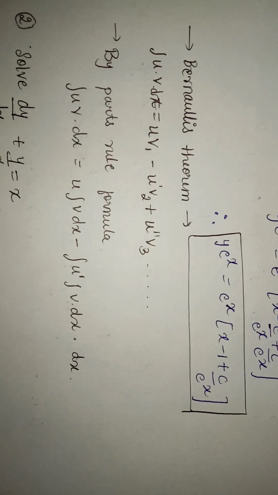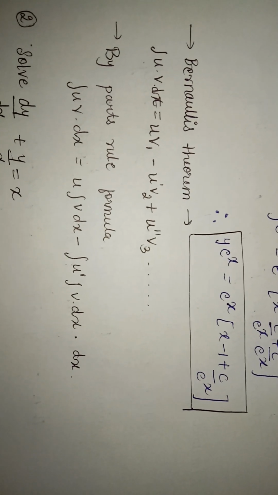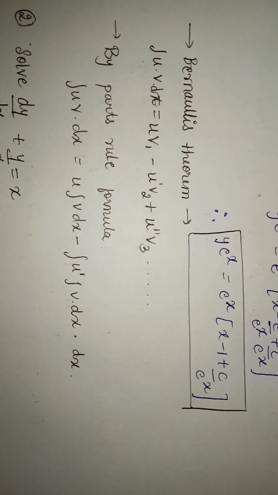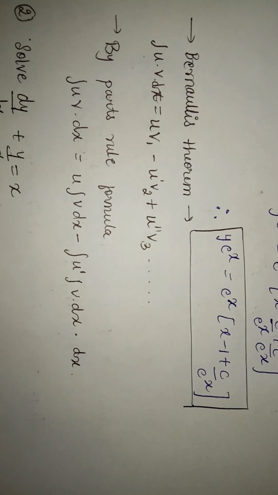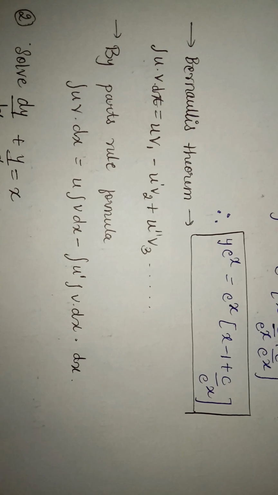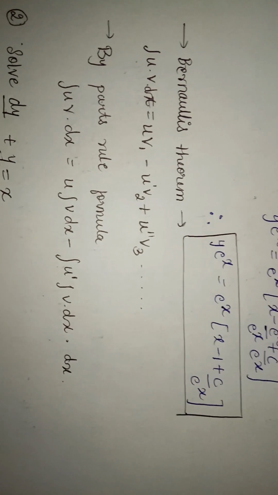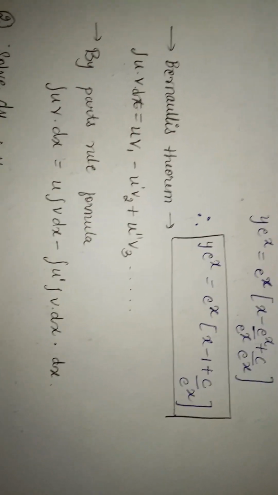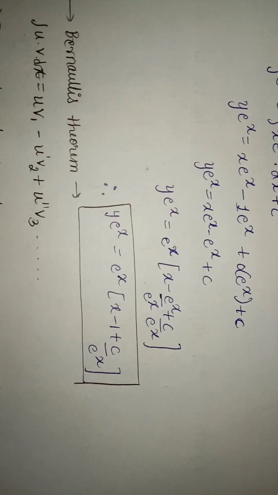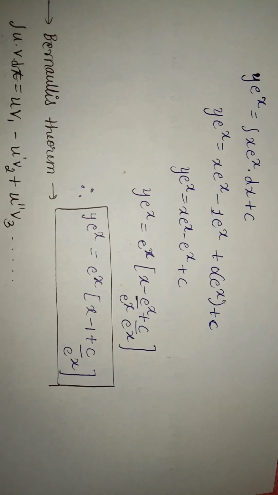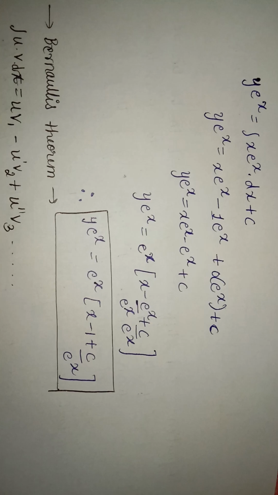Bernoulli's theorem states that you have to keep the first function as it is, and integrate the second function, minus the differentiation of the first function and the double integration of the second function. It continues till one term vanishes. Since I have used Bernoulli's theorem, x e to the power of x, I have got the answer.